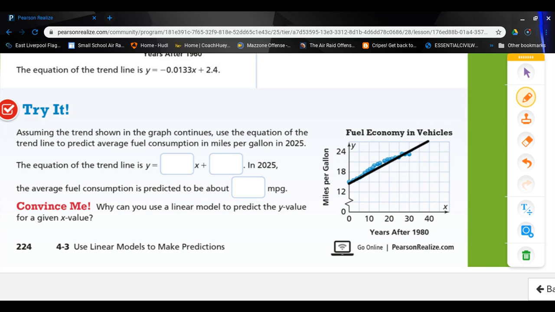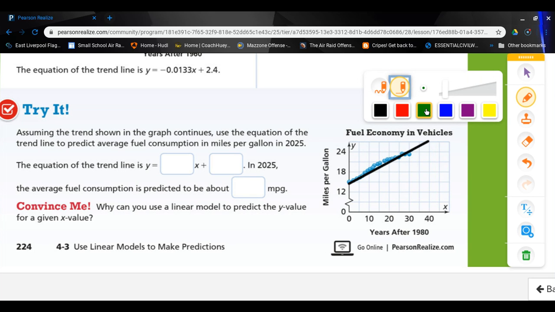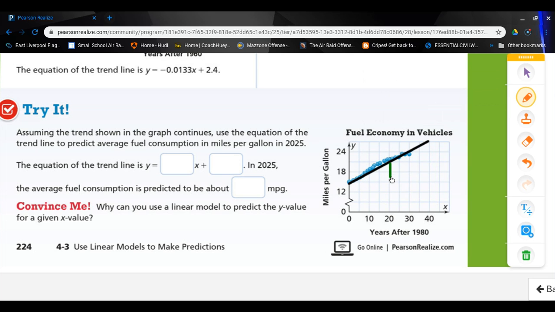Okay, so the equation of the trend line is what I got to find, and this is nothing new. This is things we've been doing for a very, very long time. I'm going to pick 2 points on the line, so I'm going to go here, and let's say here at 20. I'm going to draw a right triangle connecting the 2 points, and I'm going to count the rise over the run.